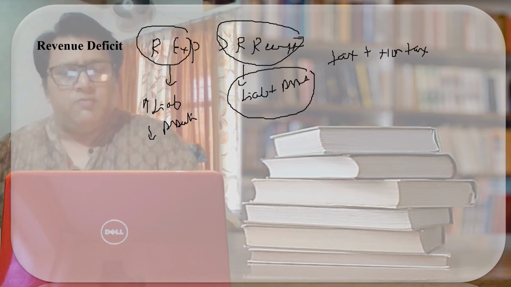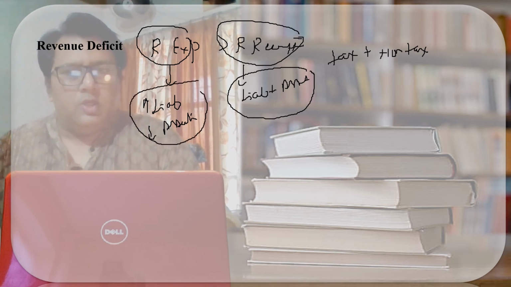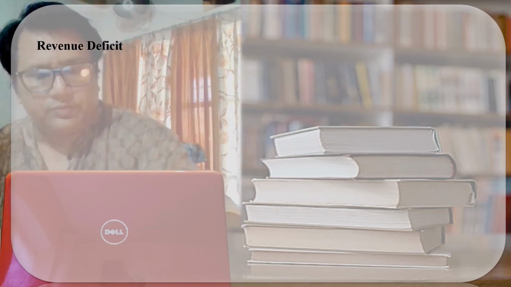It is that expenditure which is incurred to meet the daily requirements, and the money that we raise to meet the daily expenditure is called revenue receipt. So where the daily expenditure is more and the money to meet it is less, that is, when the revenue receipt is less and the revenue expenditure is more, that is called revenue deficit. I hope the point is clear.